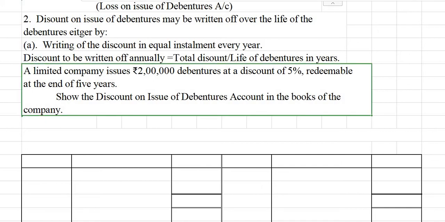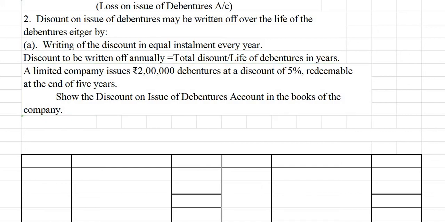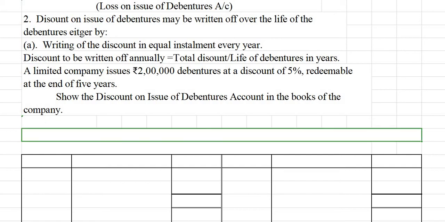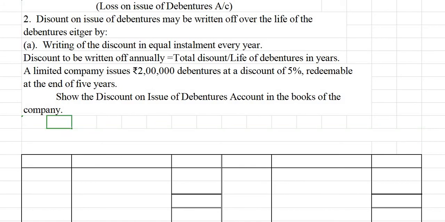So the life of the debenture is 5 years. In that case, how will each year's discount be written off? We are going to show that in the discount on issue of debentures account, in the books of the company. Here 2 lakh into 5%, 10,000 is the discount that we will write off equally in 5 installments.